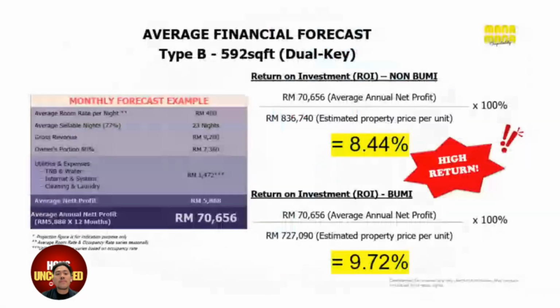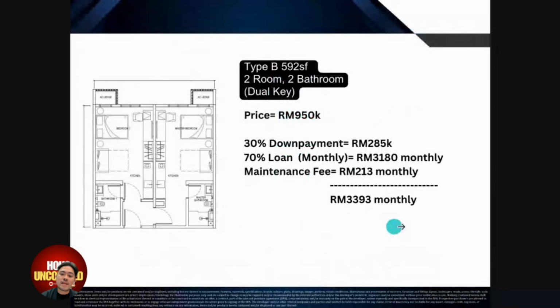And for dual key, which is at 400 per night, after deducting the profit, the net will be about 5,008, which after deducting the installment, you can get close to 1,005 per month or 2,005.